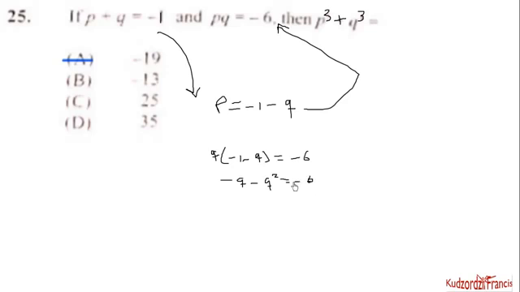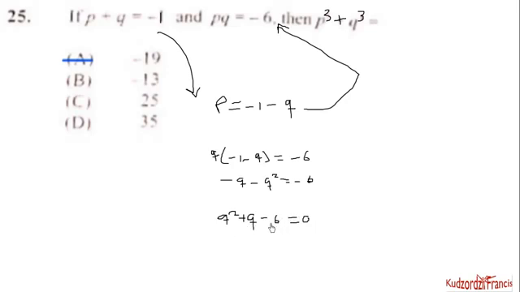So let's bring all this here. If we bring all this here, we get Q squared plus Q, now it's positive Q, then -6 is equal to 0.